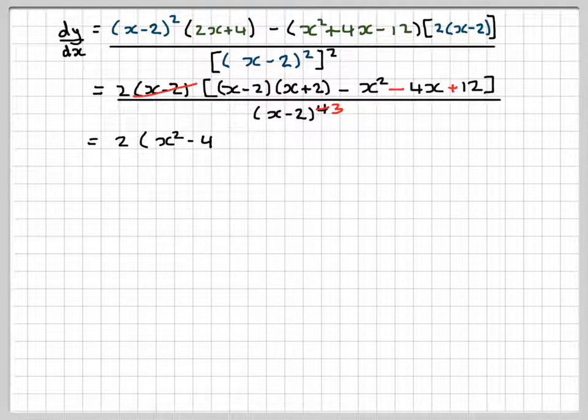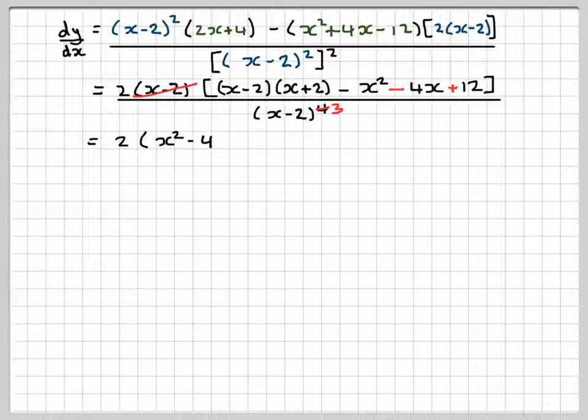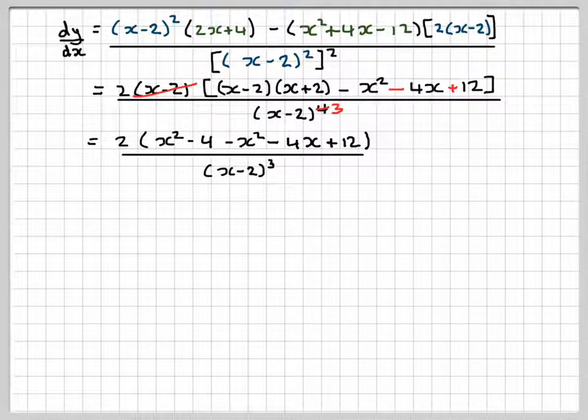So we now have 2 times (x minus 2) times (x plus 2) is x squared minus 4. Minus x squared minus 4x plus 12 over (x minus 2) cubed.